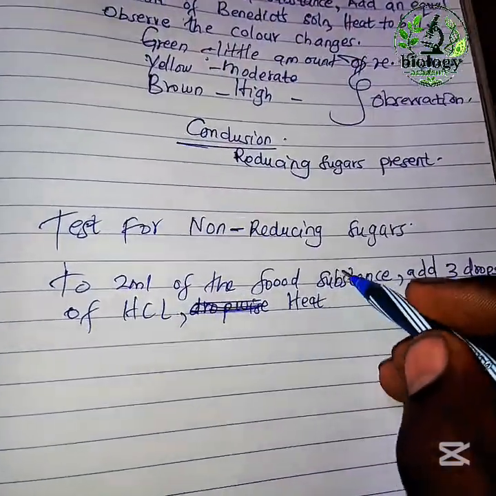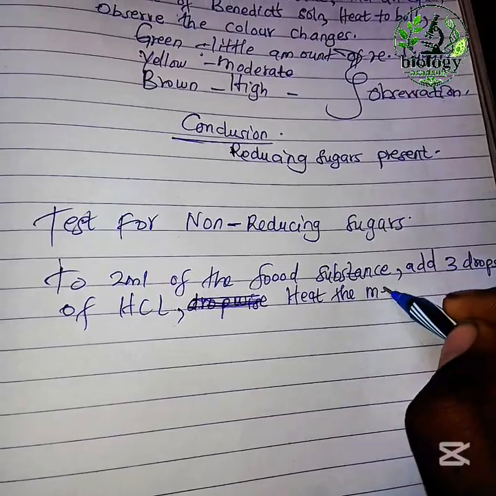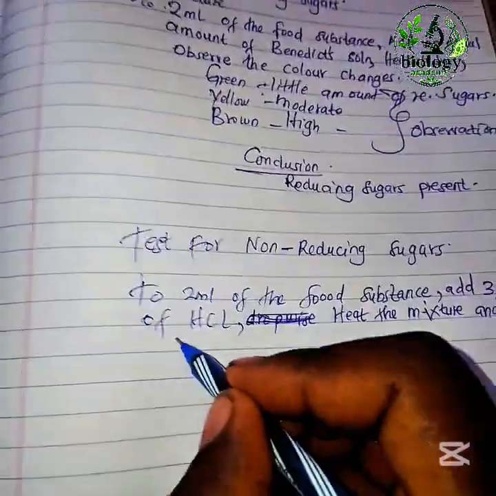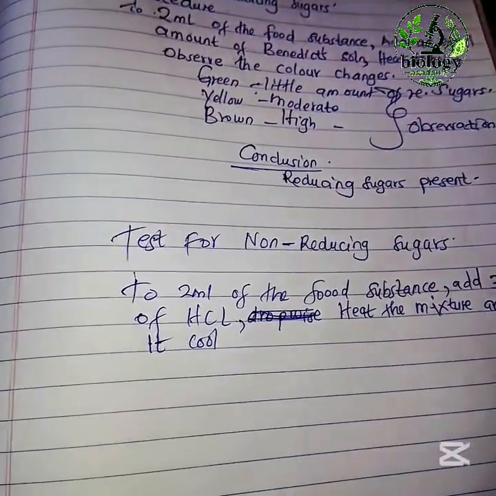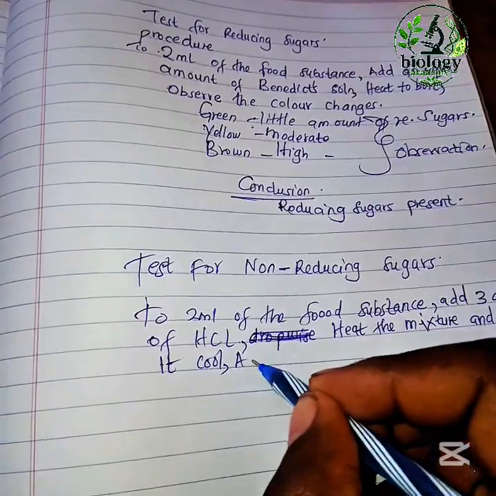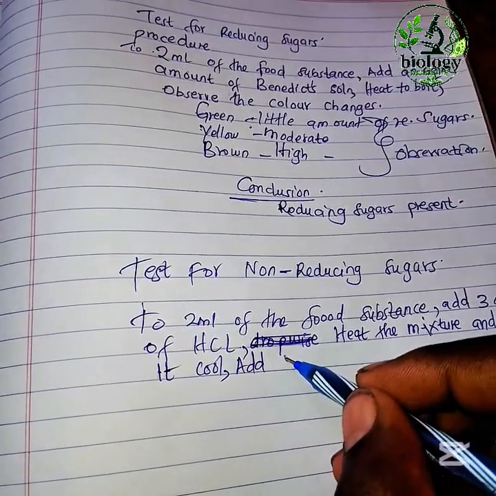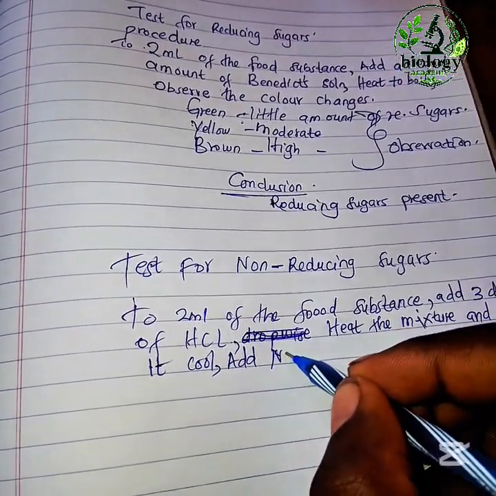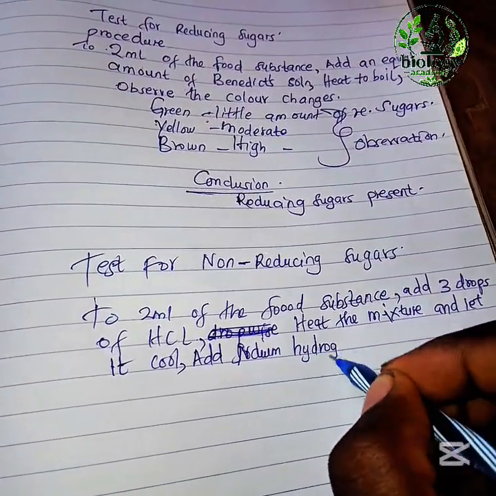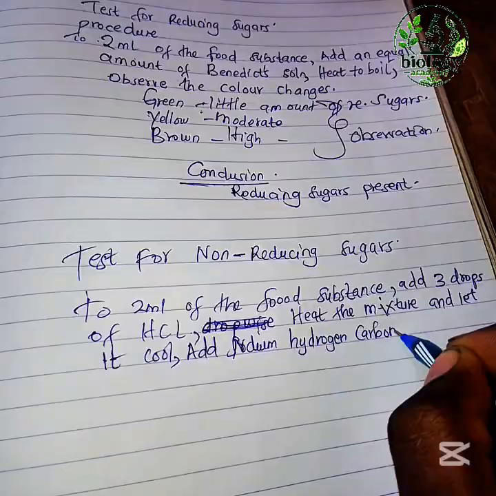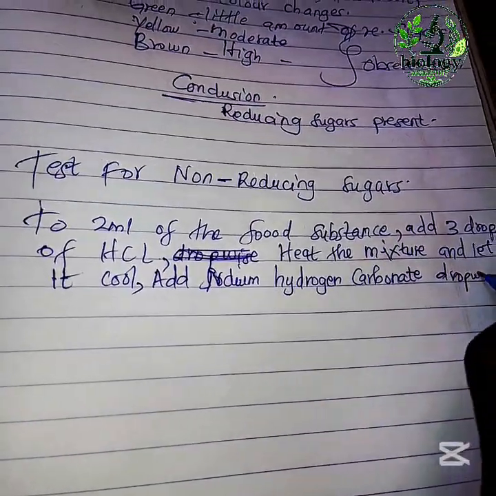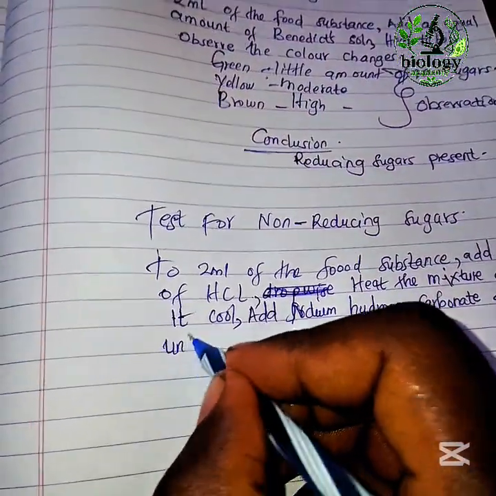The next thing you do is heat the mixture and let it cool. After the mixture has cooled down, add sodium hydrogen carbonate dropwise until fizzing stops.